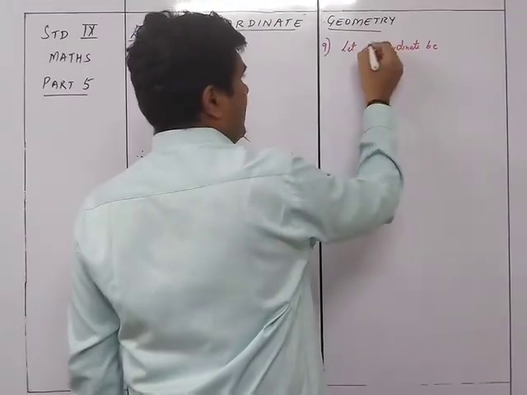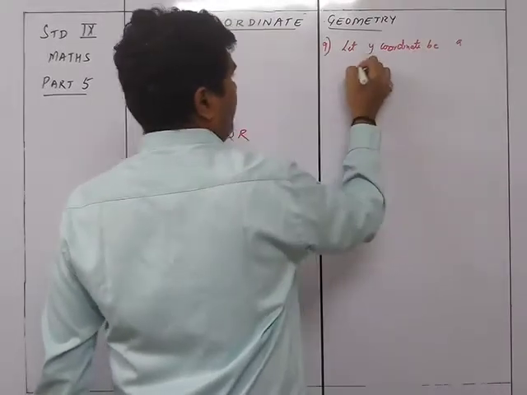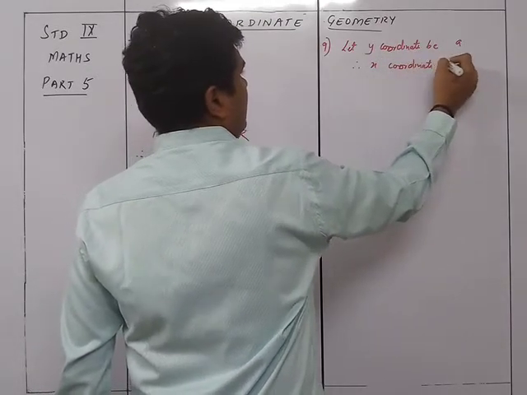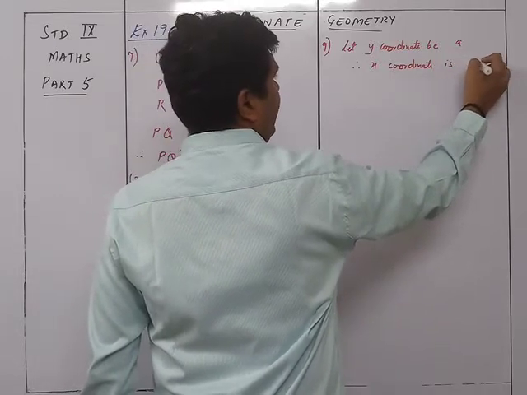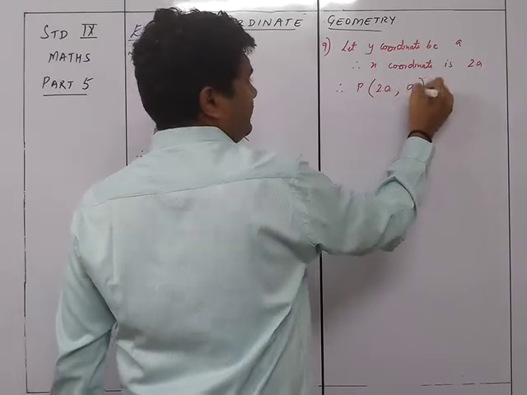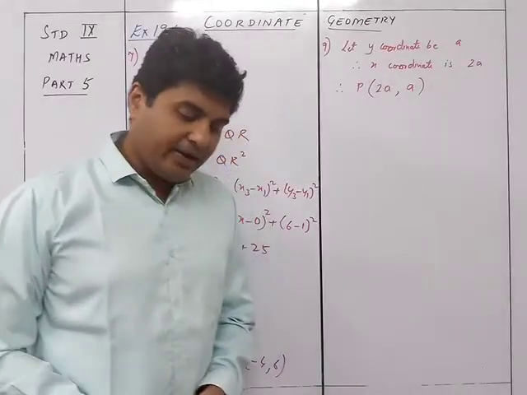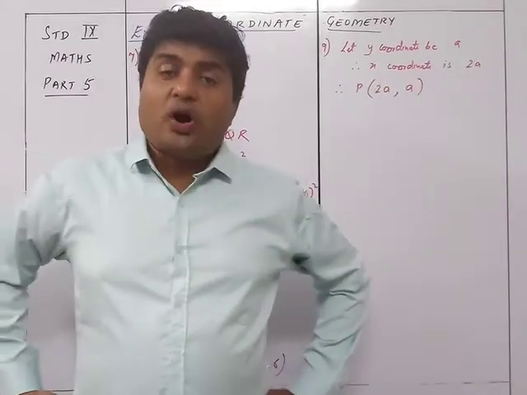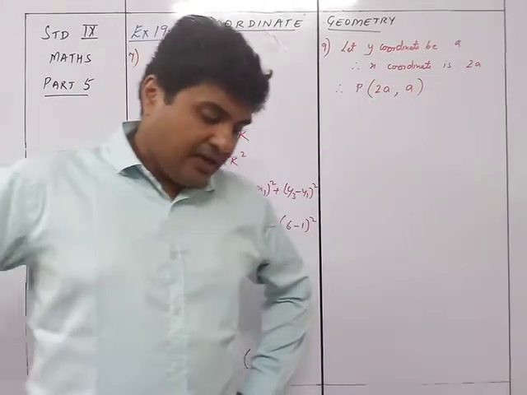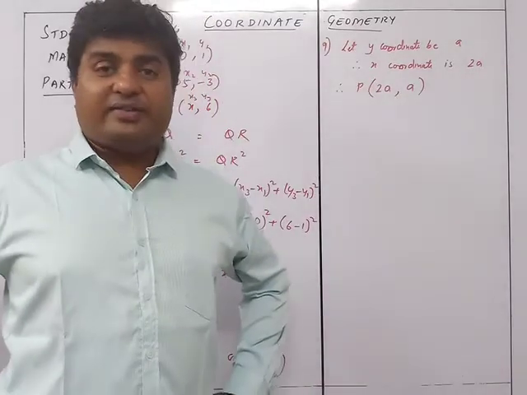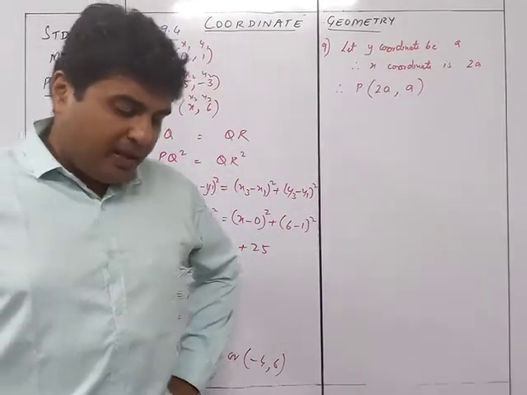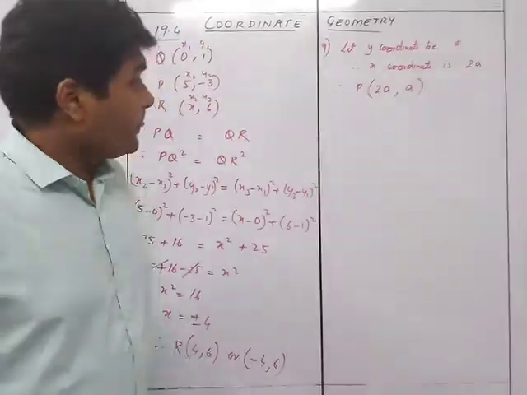So we'll say the y coordinate is a, therefore the x coordinate is 2a, therefore P is (2a, a). Okay, got it? They are given that the x coordinate of P is twice the y coordinate. That means if the y coordinate is a, then the x coordinate will be 2a. So the point P will be (2a, a).